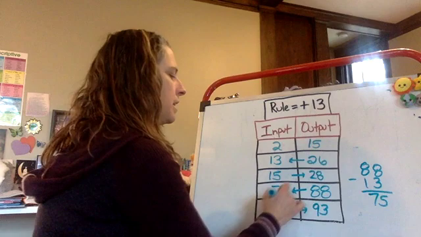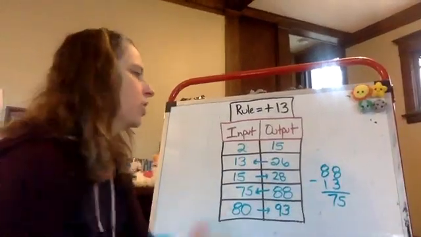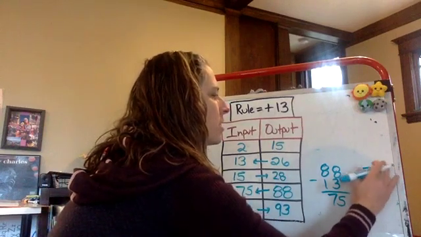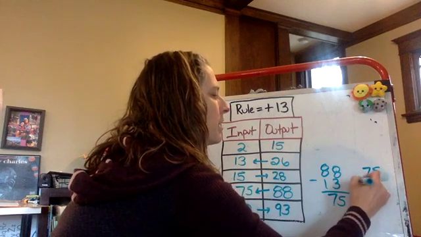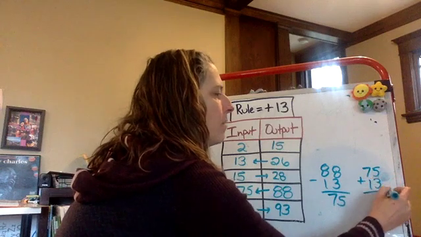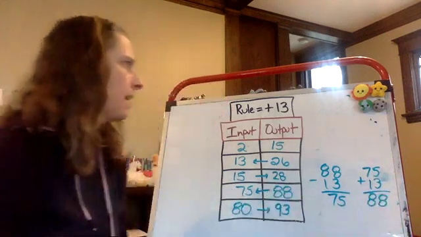So it should be 75. Now let's double check and make sure that I have it right. I have 75. Like I said, it's a little early for me. 75 plus 13. 5 plus 3 is 8. 7 plus 1 is 8. Yes, that does give me 88.